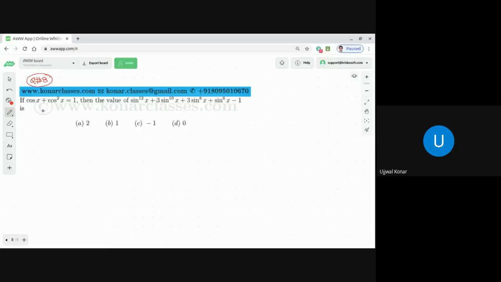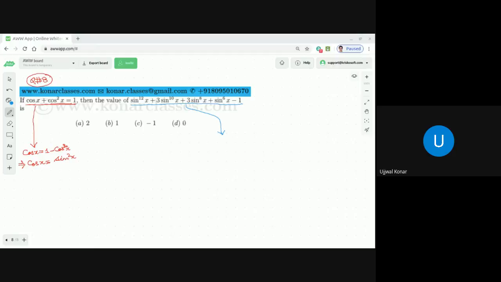So, dear students, from this relation that cos square x plus cos x equal to 1, what we can conclude is that cos x equal to 1 minus cos square x. That implies cos x equal to sin square x. Correct, dear students? Now, let's look into the expression whose value we need to compute.